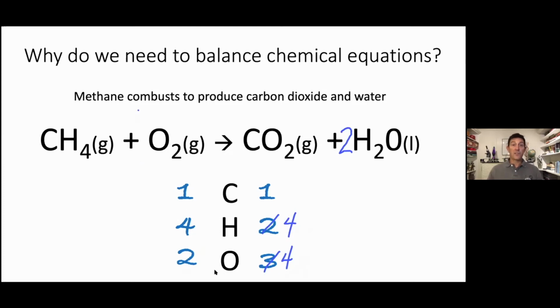I just find wherever oxygen exists, right here, I need 4. Oh, look at this. If I put a 2 here, and I have 2 O2 molecules, that gives me a total of 4 oxygens. Now I have a balanced chemical equation. I haven't changed any of the subscripts. I've just changed the coefficients out front.